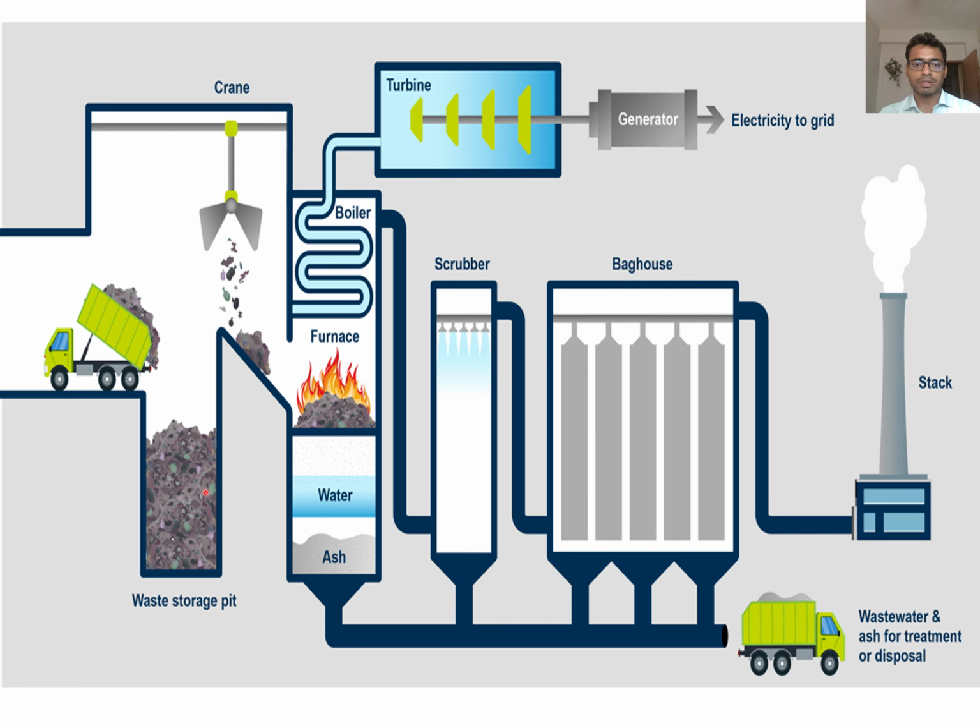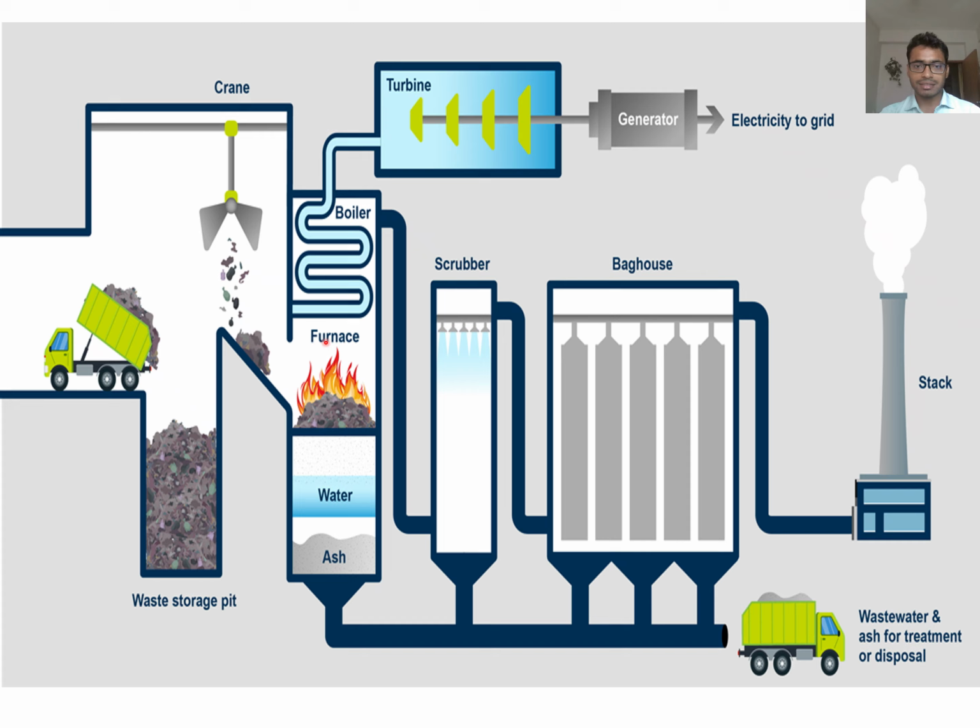You can see here the waste product has been kept here. Then it is sent here, and incineration takes place here. After incineration, the gas is used for electricity generation: the turbine is rotated and electricity is generated. You'll find some ash from here, and you'll collect the ash.